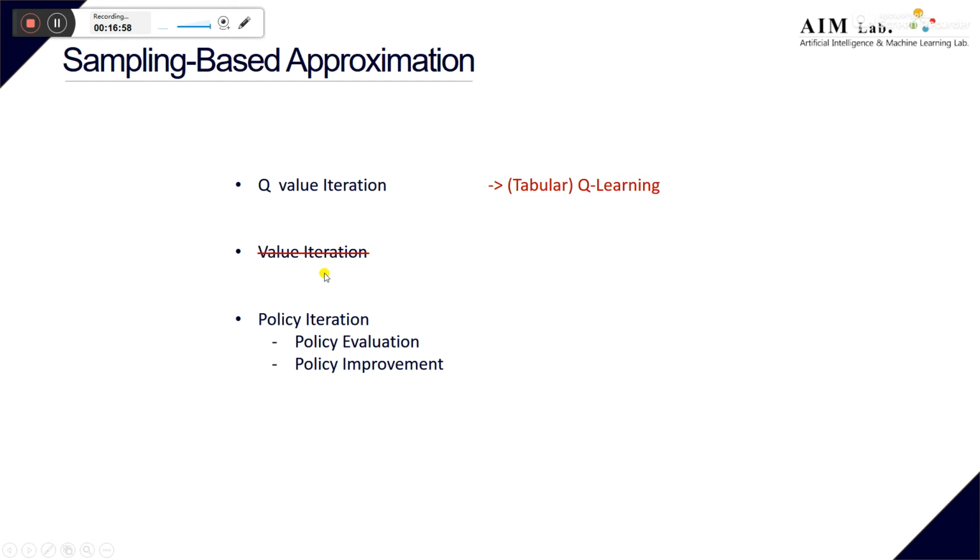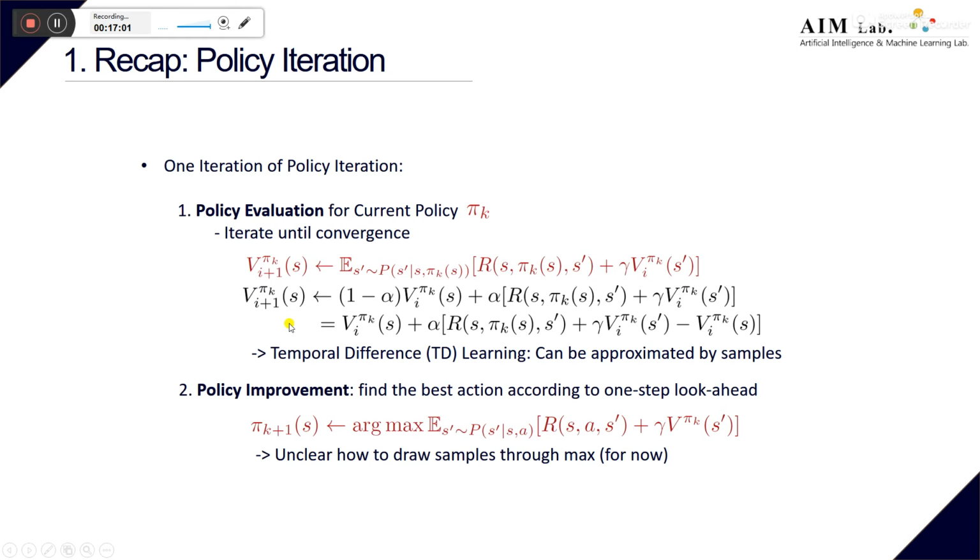Next, we look into policy iteration. In policy iteration, there are two steps. The first step is policy evaluation. In policy evaluation, we iterate through this equation until convergence. Since the outermost level is an expectation, we can change this.